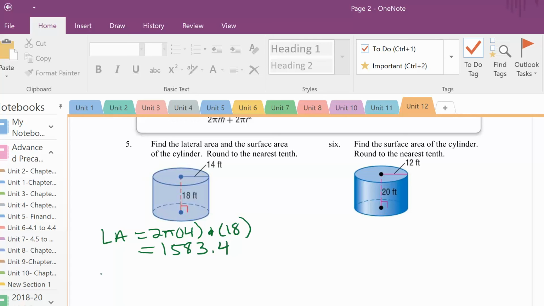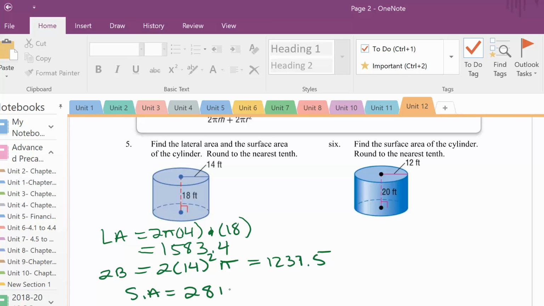Then the area of the bases, they're both circles, so it's 2 times 14 squared times pi. When you multiply that, you get 1,231.5. So when you add those, the surface area is equal to 2,814.9 square feet.